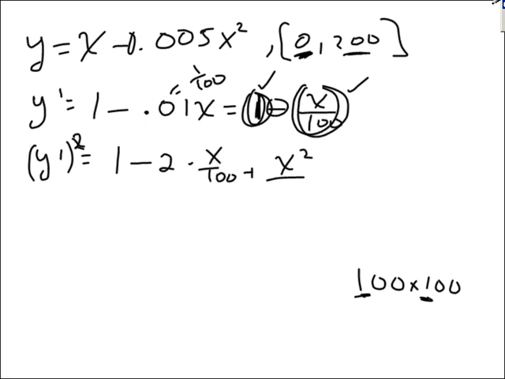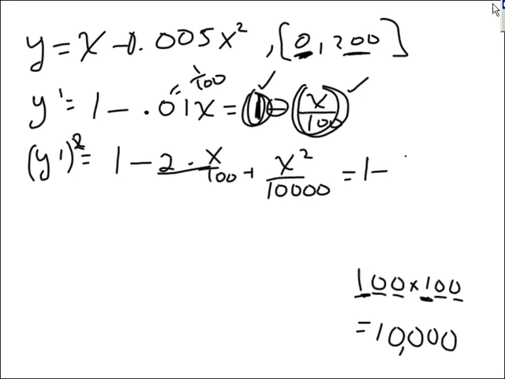Well, 1 times 1 is 1, and 4 zeros: 10,000. It's x squared over 10,000. And this is just 2x over 100, which is x over 50. So it is 1 minus x over 50 plus x squared over 10,000.